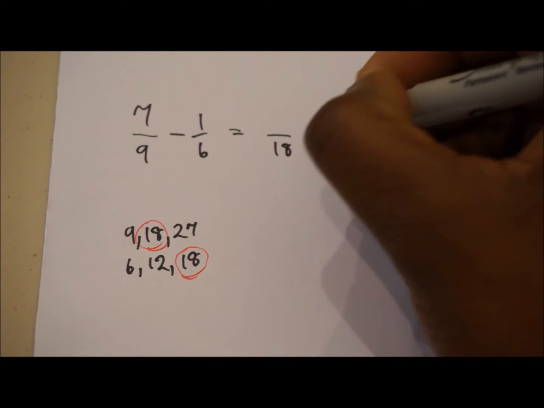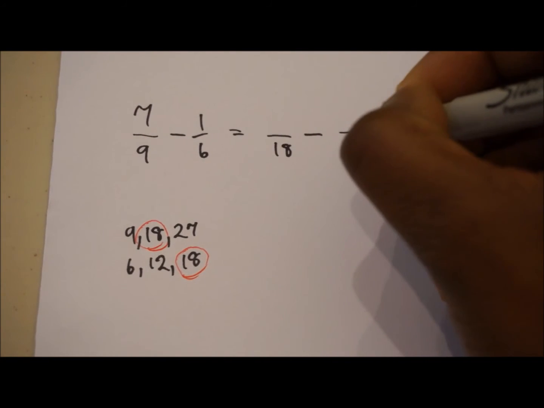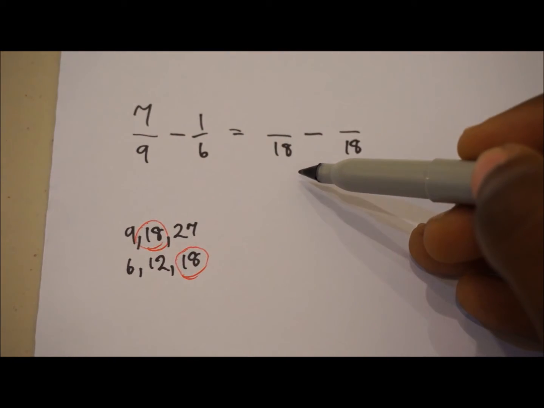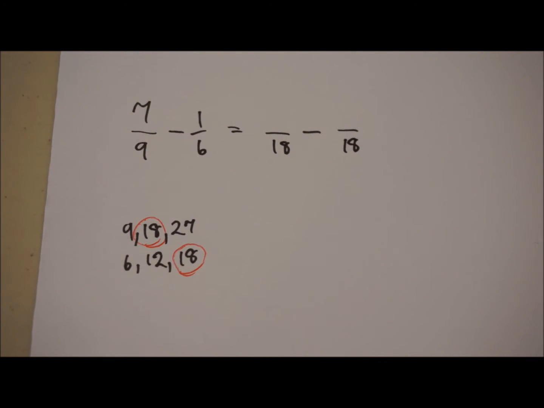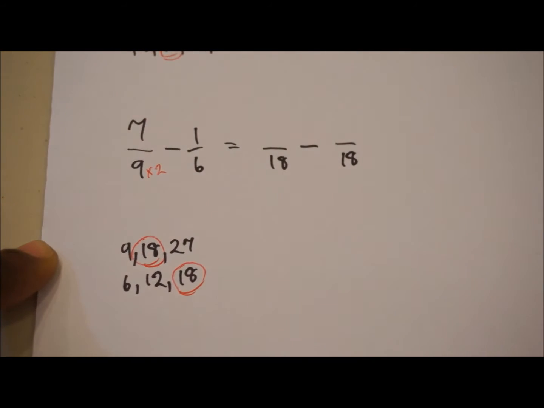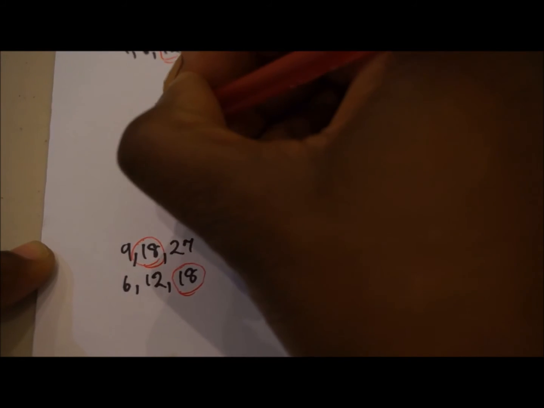Our second fraction, remember we have minus this time, should be something over 18 also. What do I need to multiply 9 by in order to get 18? I need to multiply 9 by 2. So times 2 here. If I multiply the denominator by 2 to get my 18, then I must multiply the numerator by the same 2.